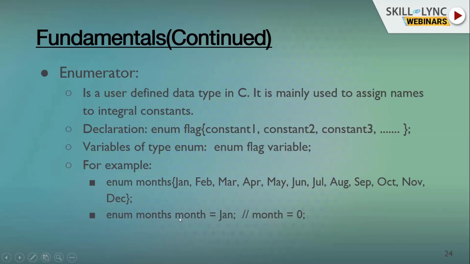If I create a variable month from that, I can assign it Jan, since Jan is known to this enum. But if I try to assign 13, it will not work, because 13 is out of range, as it starts from 0 to 12. If I assign 0, it will work, and if I assign 12, it will also work. But 13 will not work. We will get a compilation error.